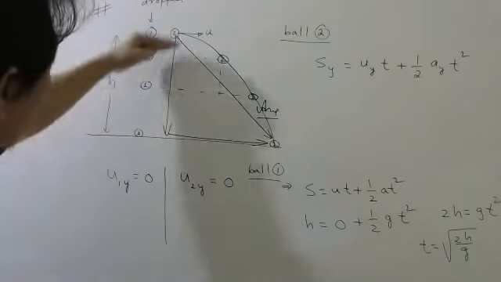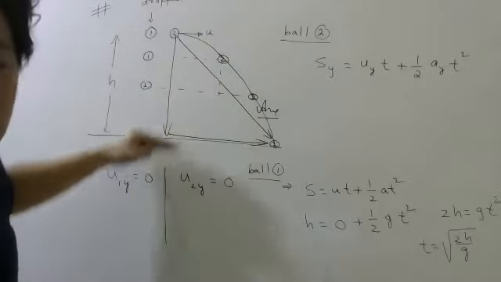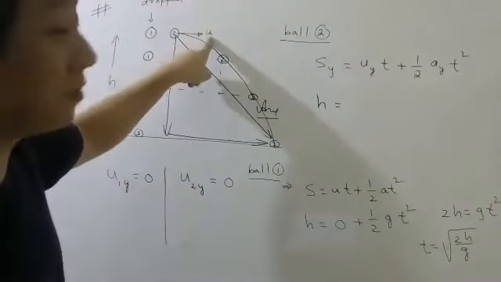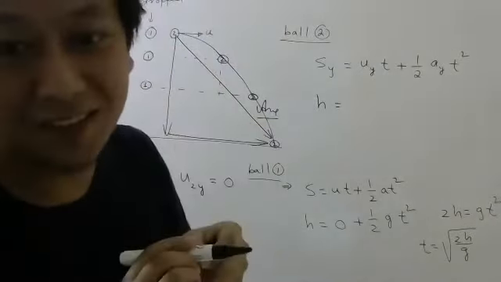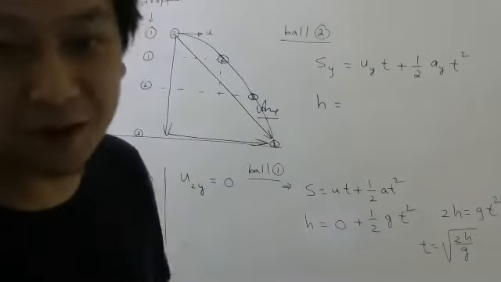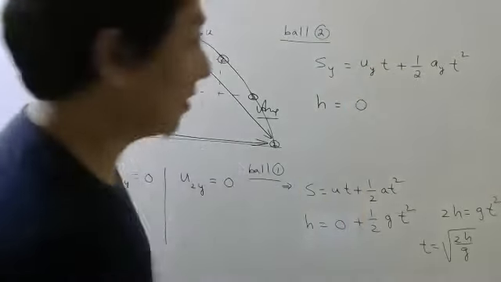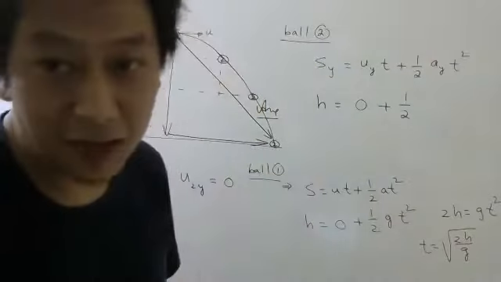So what is the y component of displacement? How much? H only, downwards. What is the y component of initial velocity? Remember, initial velocity was along the x-axis. So it will have no y component. So the y component of initial velocity is 0. And acceleration along the y-axis is gravity itself.